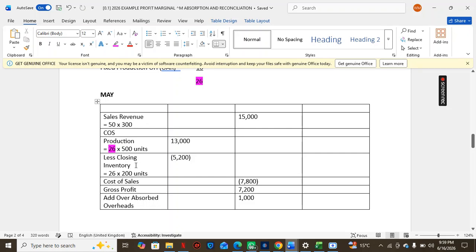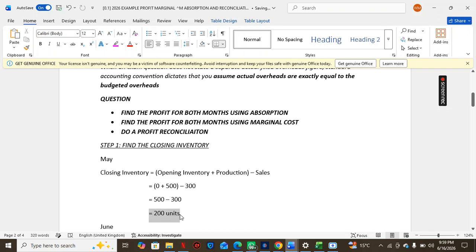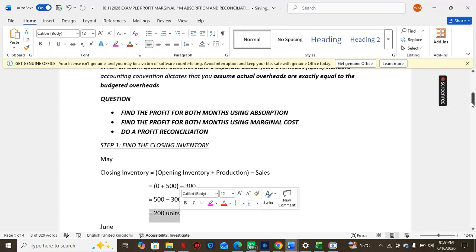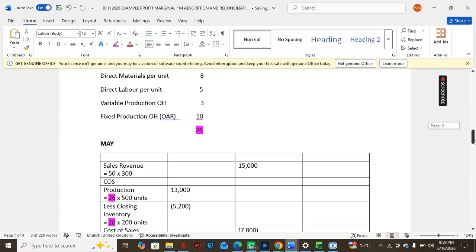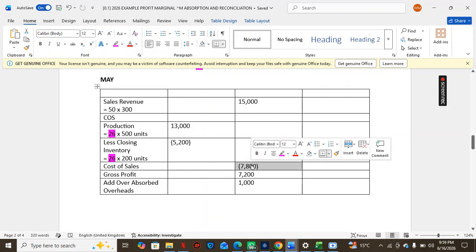The closing inventory is also valued at the full cost per unit, 26 there. This 200 is coming from here, these 200 units we tabulated. 26 times 200, 5,200. So 13,000 minus 5,200, our cost of sales is 7,800.